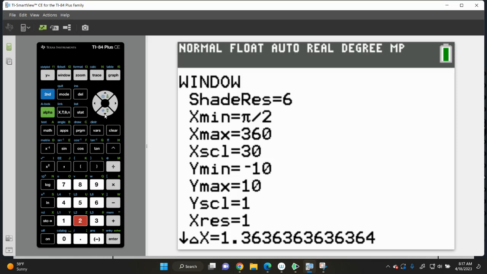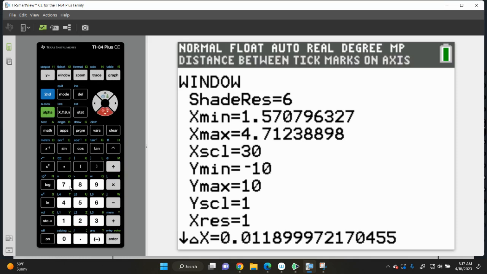When I press enter, it'll change it to decimal. And then I'm going to 3 pi over 2. Now when I solved it, I found my answer to be 5 pi over 4. So for my scalar, I'm going to make it pi over 4, and let's graph it.